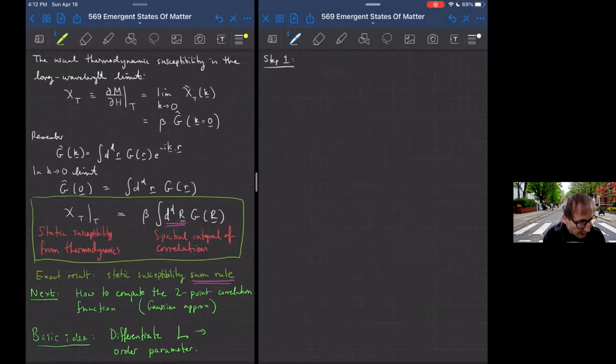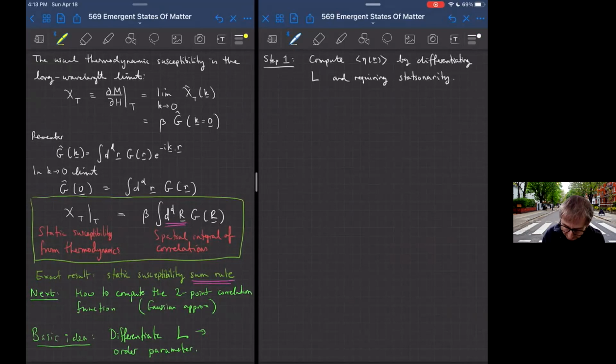So step 1 is we're going to compute the mean value eta of r by differentiating the Landau free energy and requiring that it be stationary. So that's step 1.